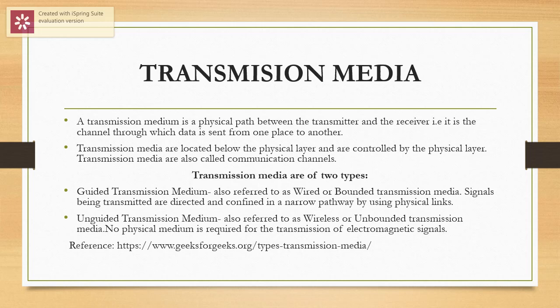Transmission media are of two types. One, the guided transmission media, also referred to as the wired or bounded transmission media. Signals being transmitted are directed and confined in a narrow pathway by using physical links.